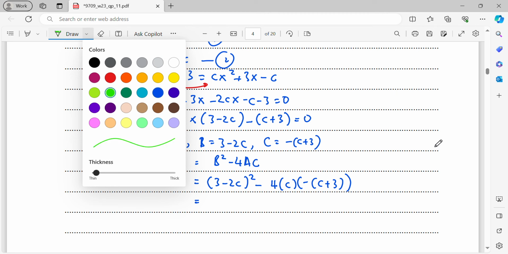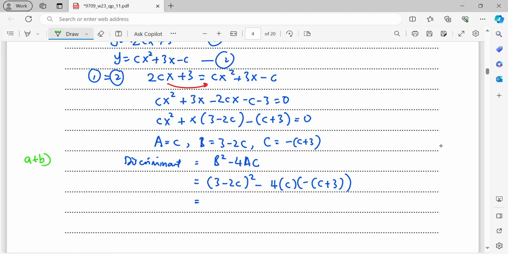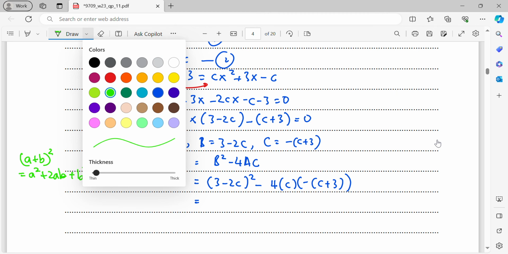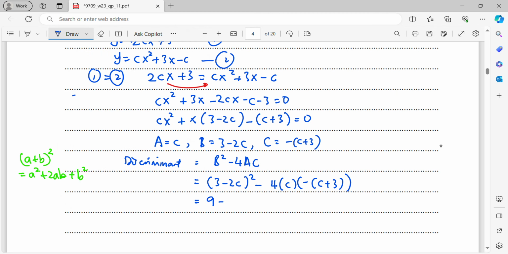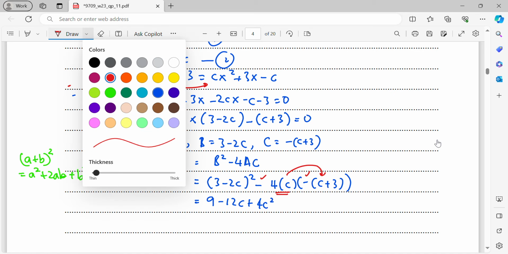For the first one, quadratic expansion: (a plus b) squared equals a squared plus 2ab plus b squared. So (3 minus 2c) squared will be 9 minus 12c plus 4c squared. Then for the next one, the minus and minus becomes plus. This is 4c, so 4c multiplied with c will be plus 4c squared.